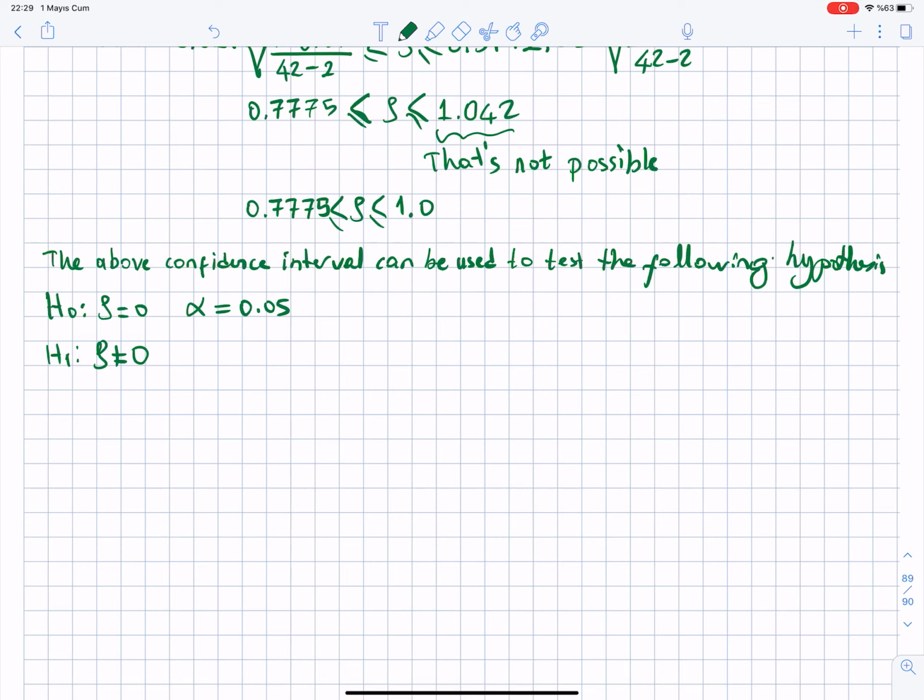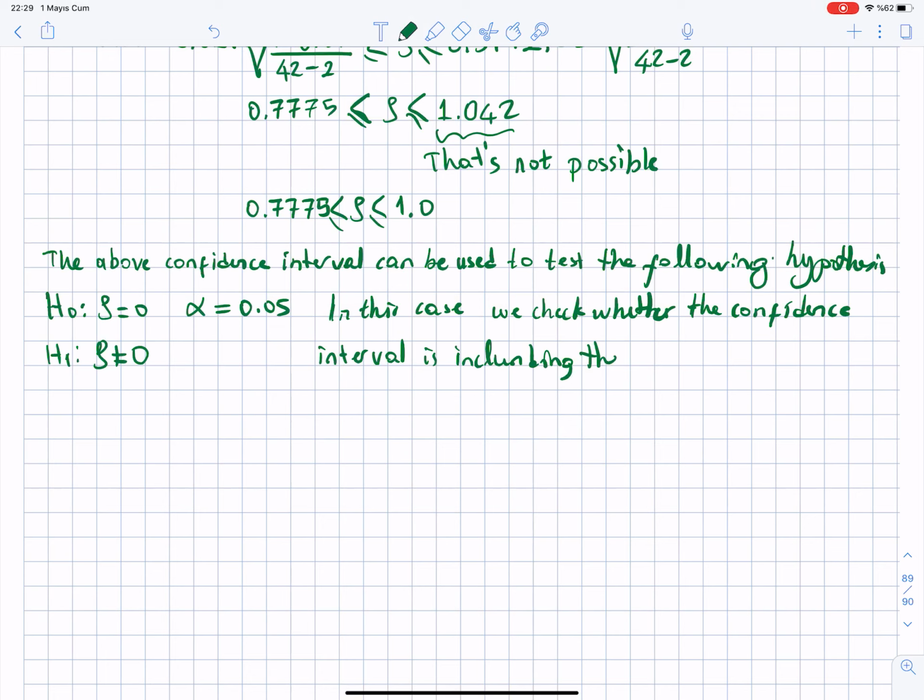In this case, we check whether the confidence interval is including the zero value.